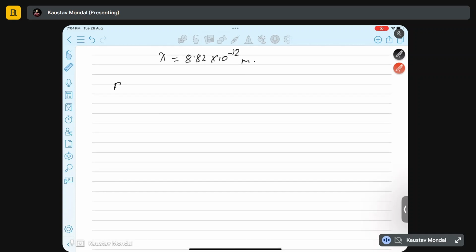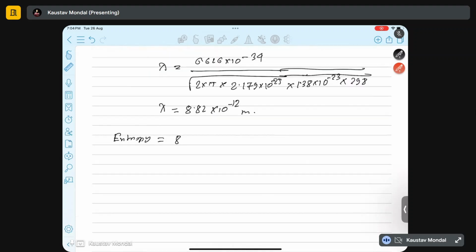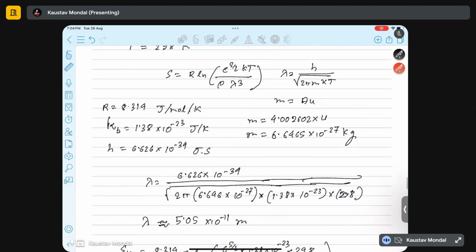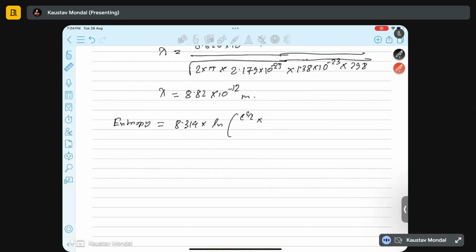is simply, just substitute all of these things into the entropy expression: 8.314 into ln of e to the power 5 by 2 into kT, right? k has a value of Boltzmann constant, 1.38 into 10 to the power minus 23.